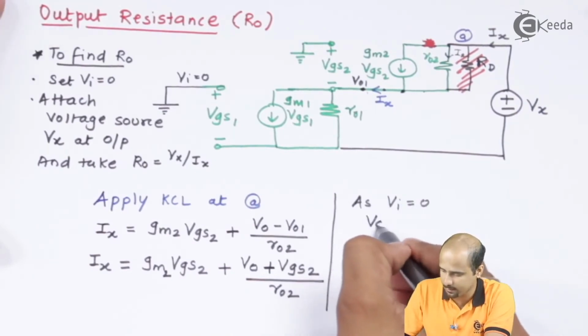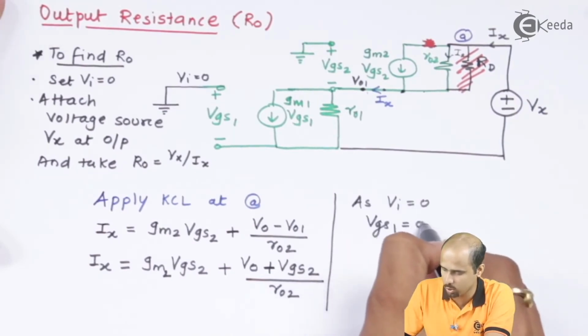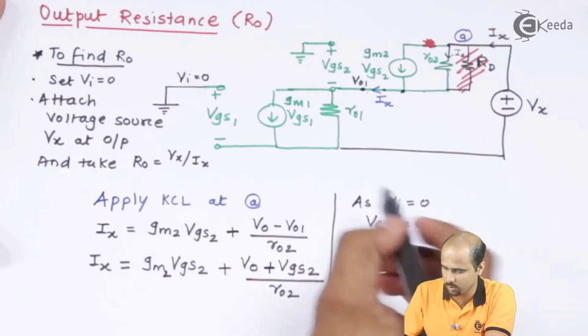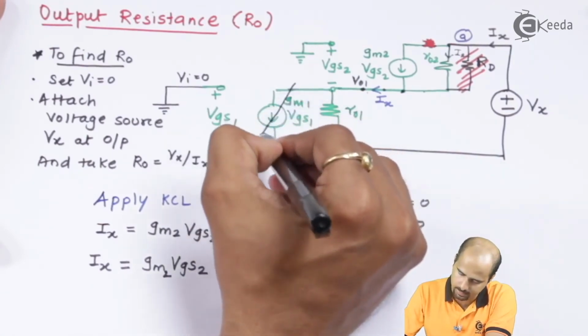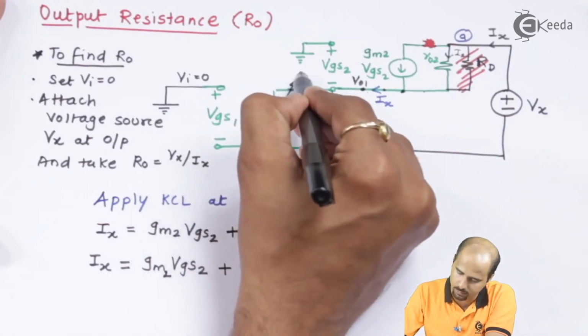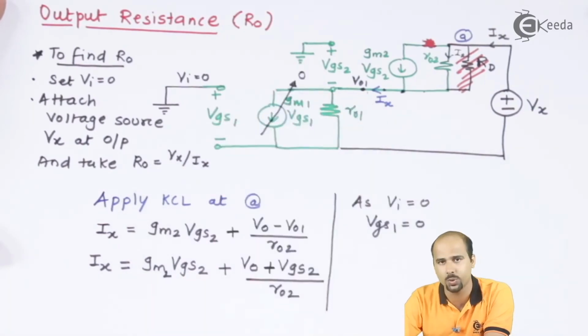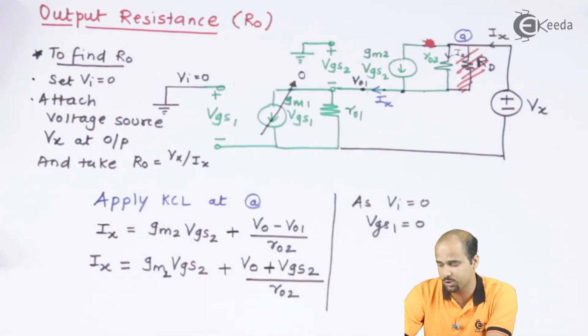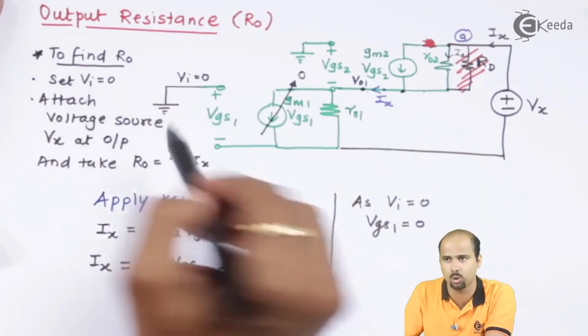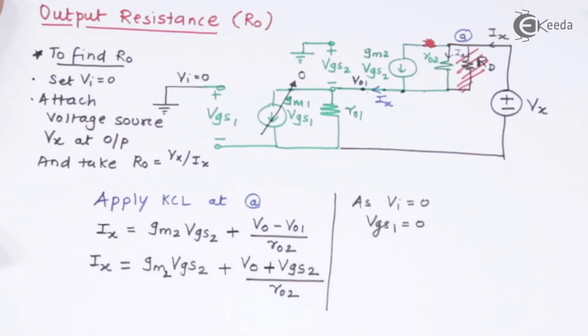Now the fact that here I'm saying Vi is equal to 0, I can say that VGS1 is equal to 0. If VGS1 is equal to 0, there will not be any current flowing through gm1 VGS1. As gm1 VGS1 is a dependent source and depends on VGS1, the current flowing through this particular branch is 0. So what will be the value of Ix then?